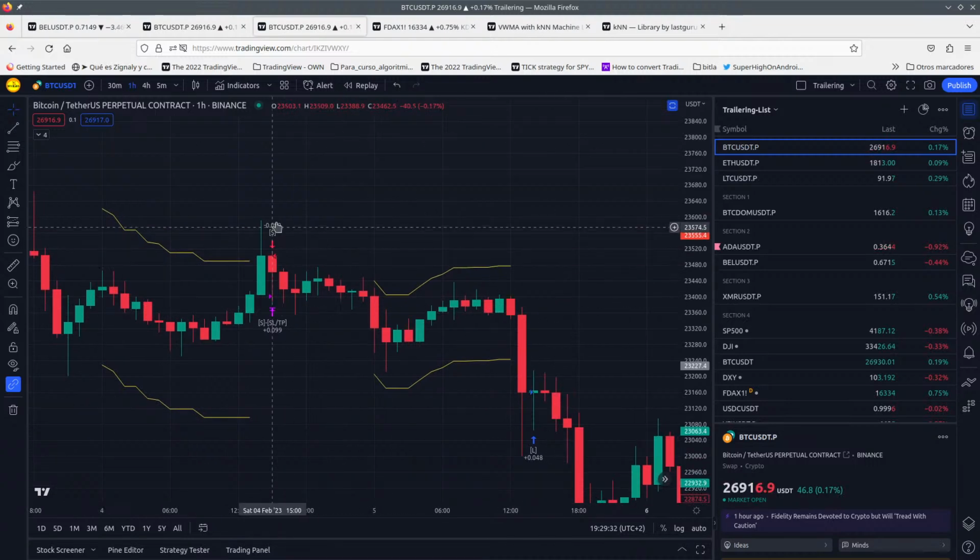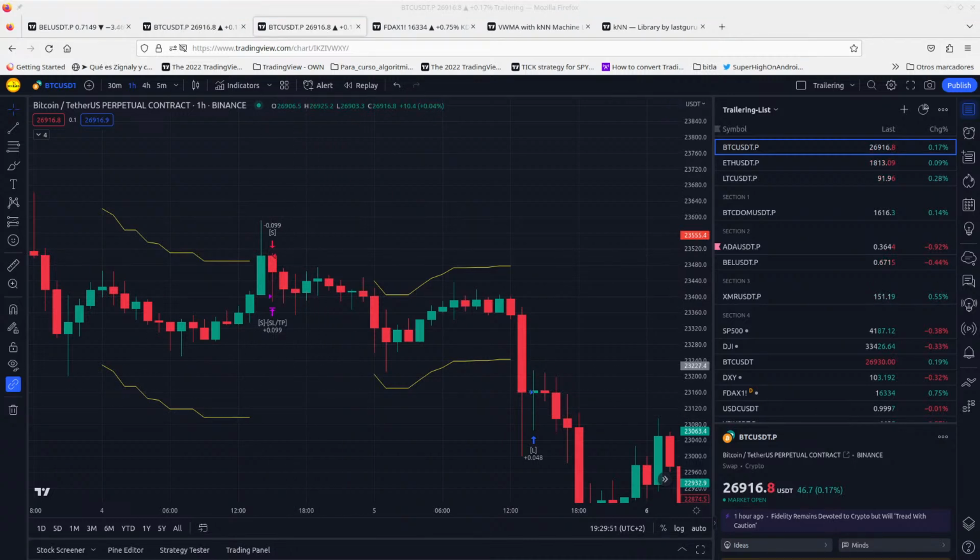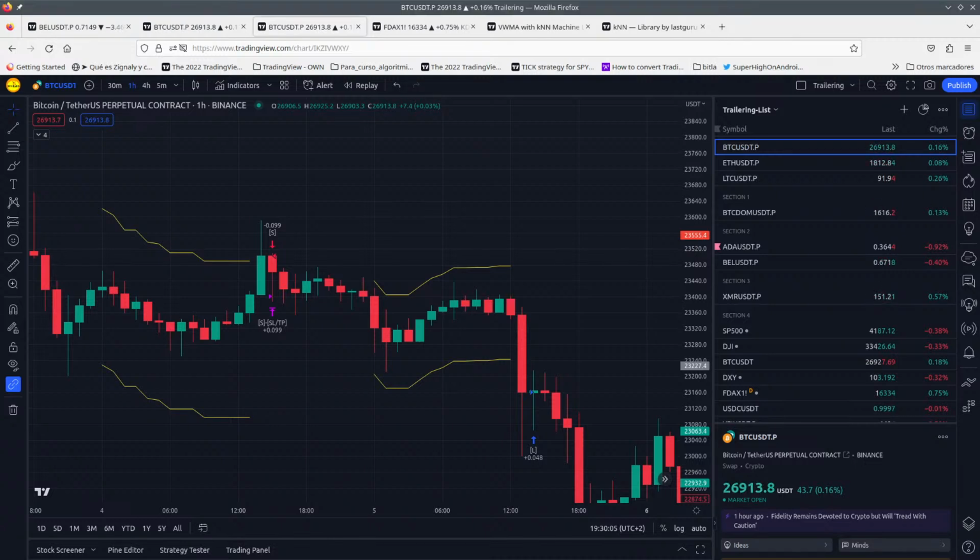So what I'm looking for is a green one, which is also going to be higher than the low. It's going to be lower than the high. So this does not make sense. Okay, look at this. We are testing stuff which does not make sense.